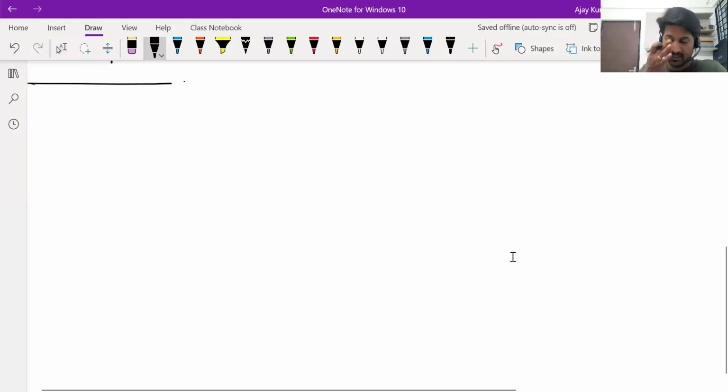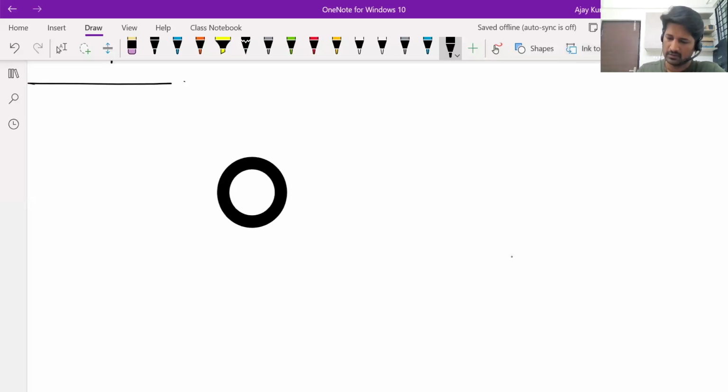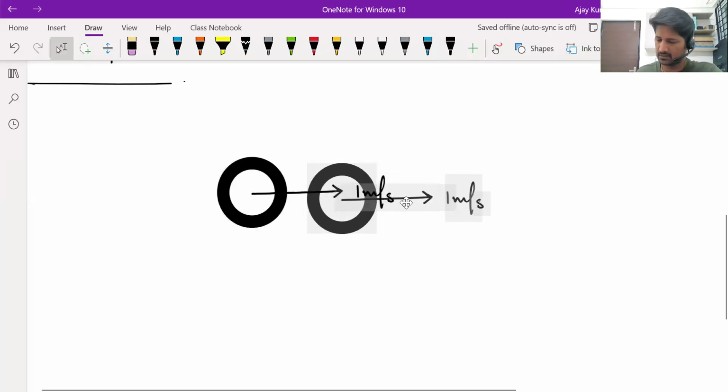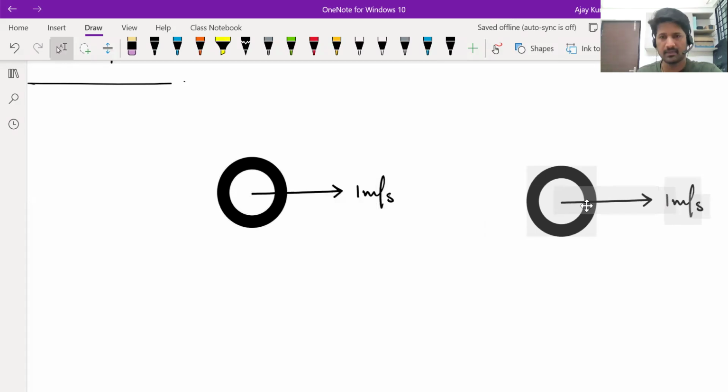Now consider something like this. Suppose there's an object. I cannot show you an animation here, it will be difficult, but assume this circle is moving with a velocity of 1 meter per second towards the right. That means when you are at rest, the circle goes to the right like this.